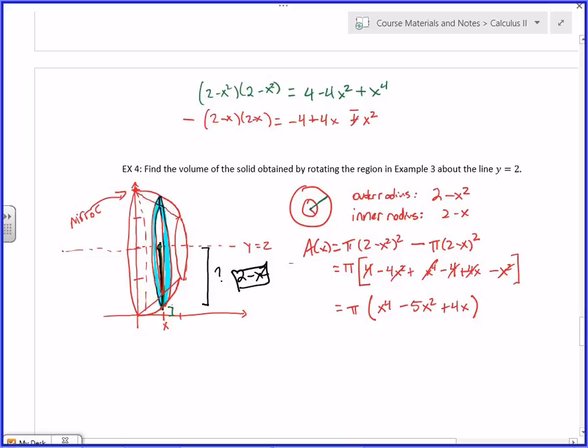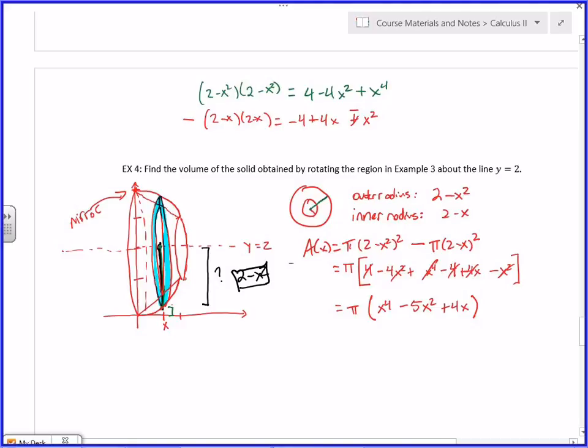All right, so double check that. Make sure you see where I got everything. Again, what I did was I factored out the pi. So now I've just got to expand this, which I did up top. 2 minus x squared squared, FOIL, you get 4 minus 4x squared plus x to the 4th.